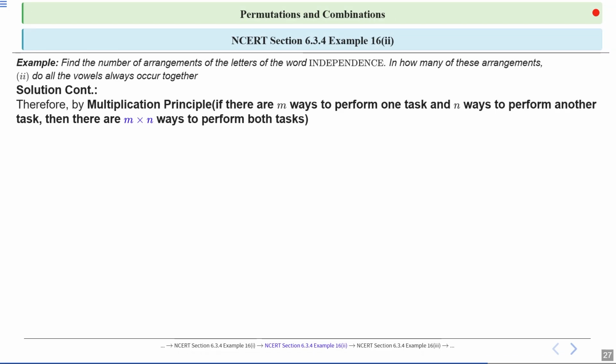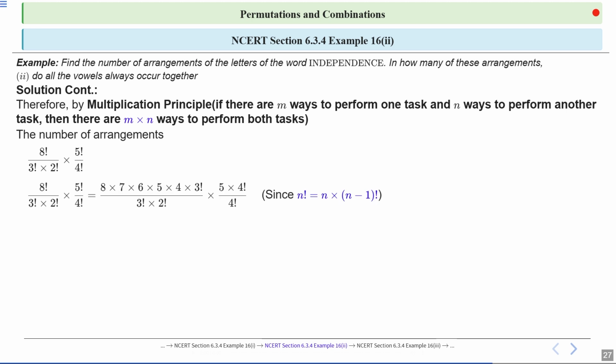Therefore, by the multiplication principle, if there are m ways to perform one task and n ways to do another task, then there are m into n ways to perform both tasks together. By applying the multiplication principle, the number of arrangements is 8 factorial upon 3 factorial into 2 factorial, into 5 factorial upon 4 factorial. So this gives us 8 into 7 into 6 into 5 into 4 into 3 factorial upon 3 factorial into 2 factorial, multiplied with 5 into 4 factorial upon 4 factorial.